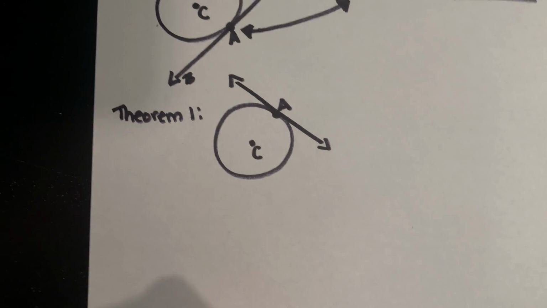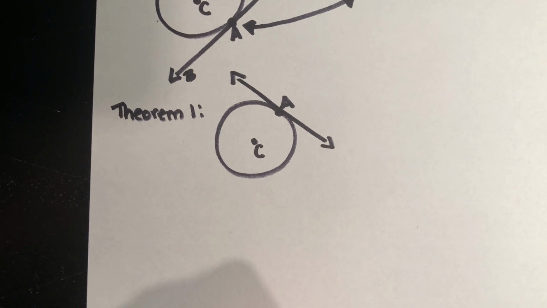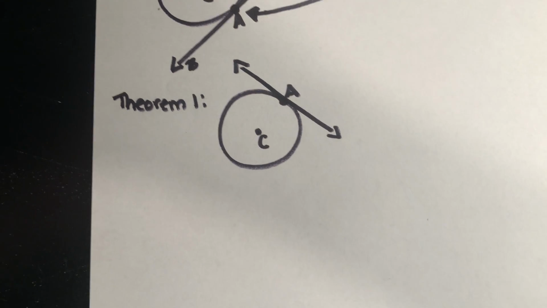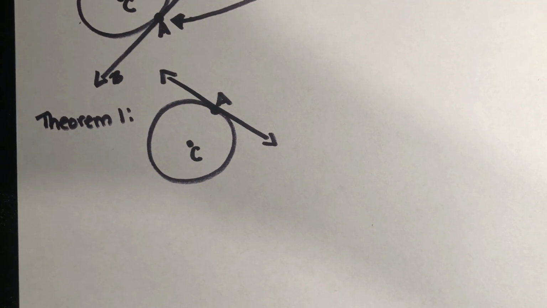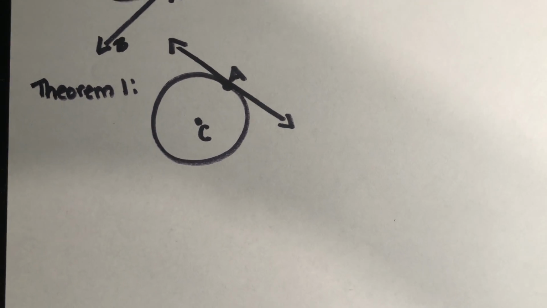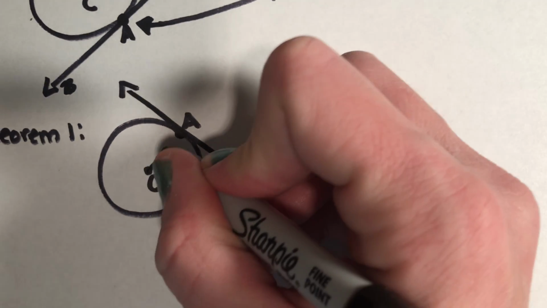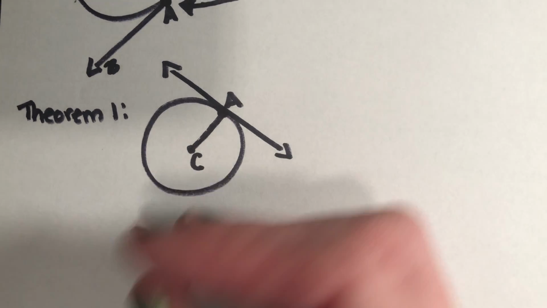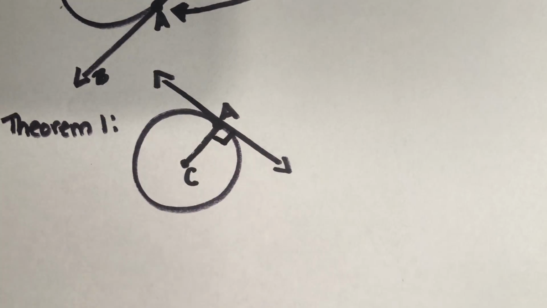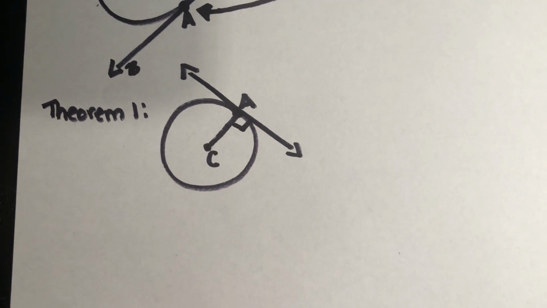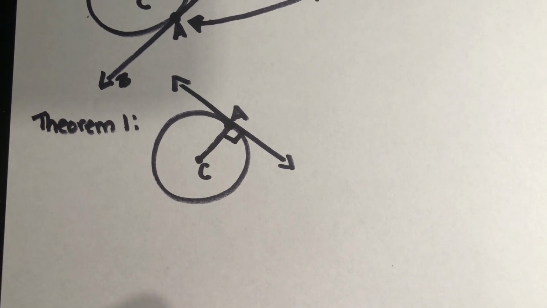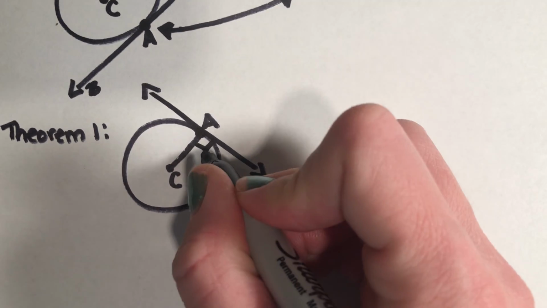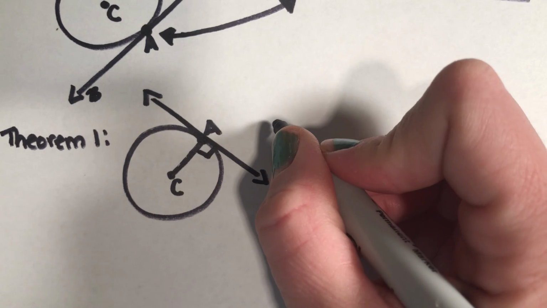All right. Well, if I draw a line from the radius to the point of tangency, so that means if I draw this line right here, that is going to be perpendicular, 90 degrees. So that is theorem 1. So a tangent is perpendicular to the radius.